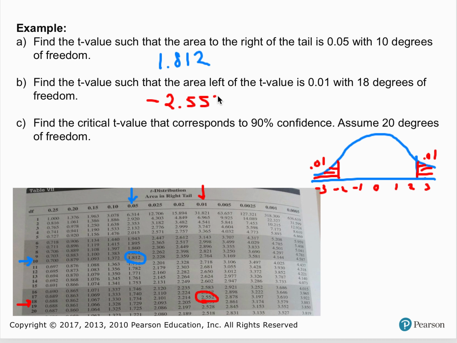So 90%, that leaves 10% on the edges, so 5%, 0.05. So here's my same one, except I'm just going down to 20 degrees of freedom. So 1.725.